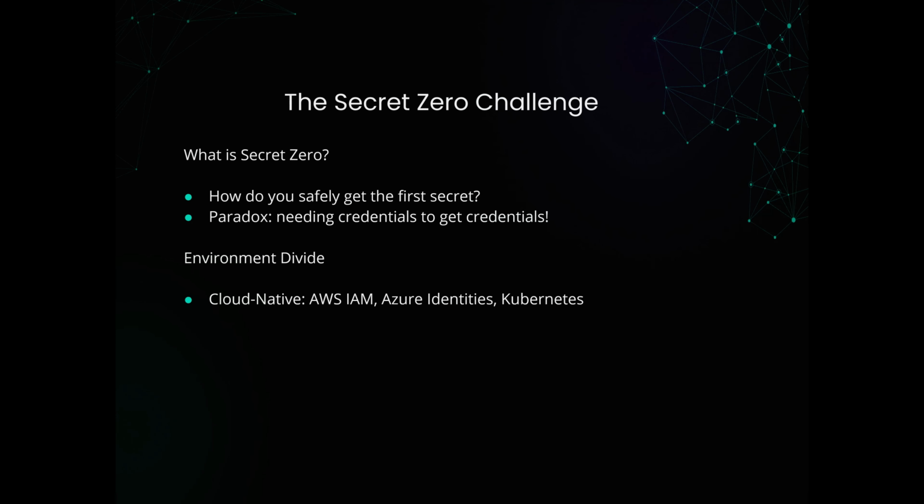So if you're running a cloud native setup, your apps are in an AWS EC2 instance or running in EKS or in ECS and so on. AWS has a very elegant solution with IAM where it actually provides an identity to the resources that it spins up. So the EC2 instance has an ID, a fingerprint inside of it that you can authenticate against, and that is the identity.